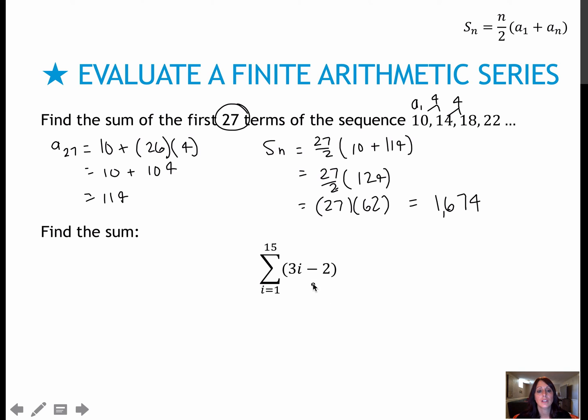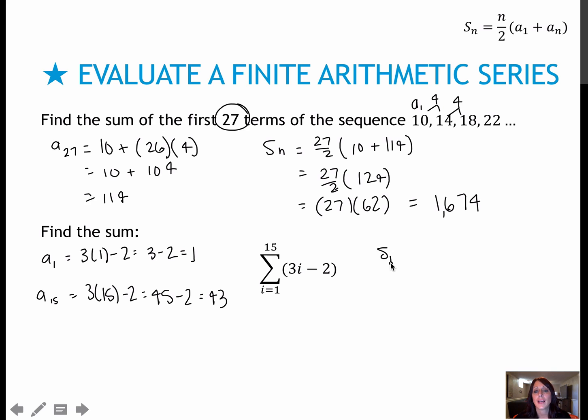For the other, again, this is written in summation notation. I still need the first and last term. So a sub 1 would be 3 times 1 minus 2, which would be 3 minus 2, or 1. And then a sub 15 would be 3 times 15 minus 2, which is 45 minus 2, which is 43.